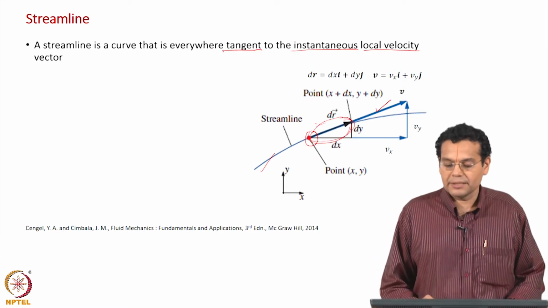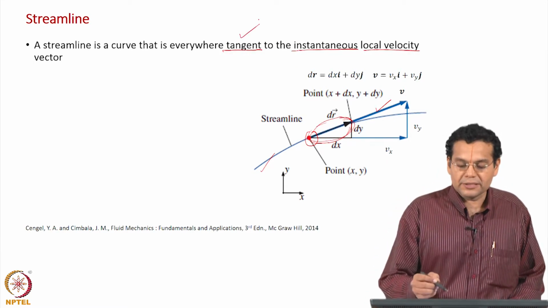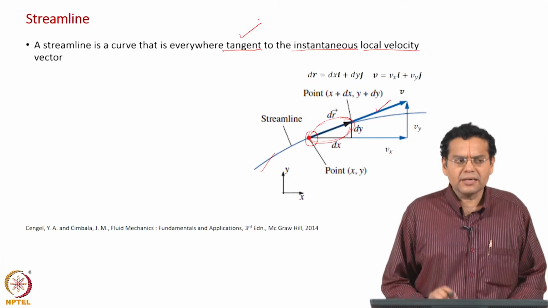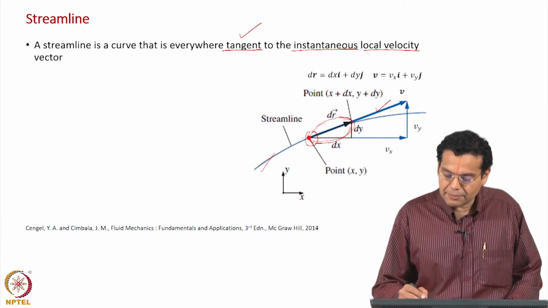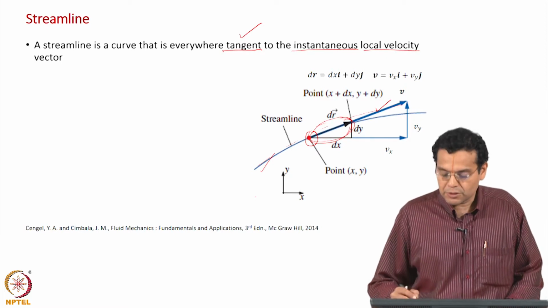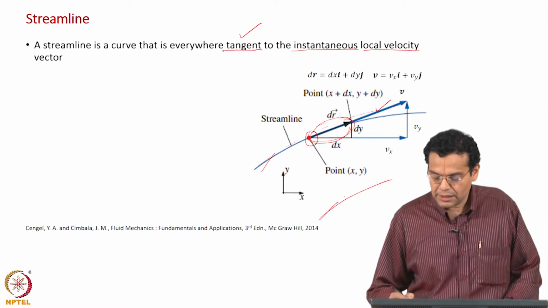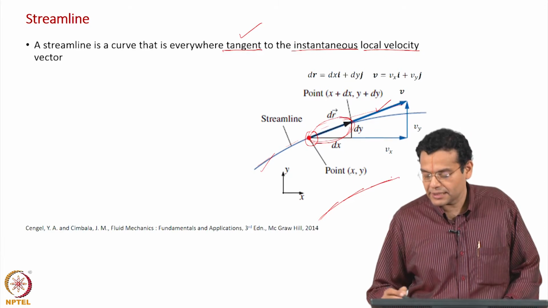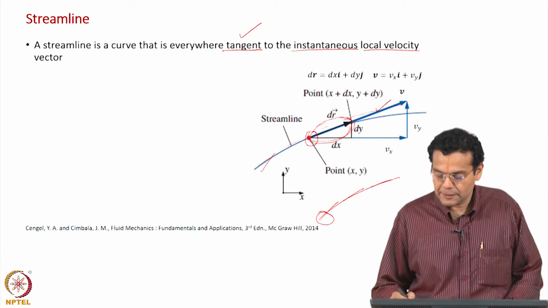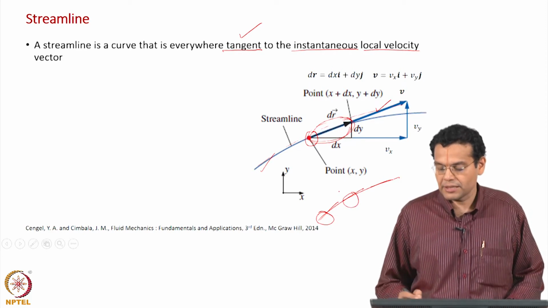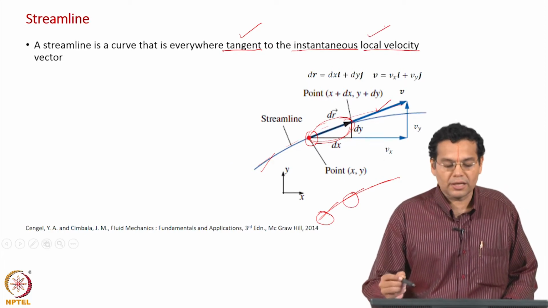That completes the first keyword. Second, as I told you, local. Why is it local? Because the streamline can be curved as shown here, so the tangent which you draw can keep changing direction. This tangent gives the velocity at this location, and this tangent gives the velocity at that location. That is why this is a local velocity vector.